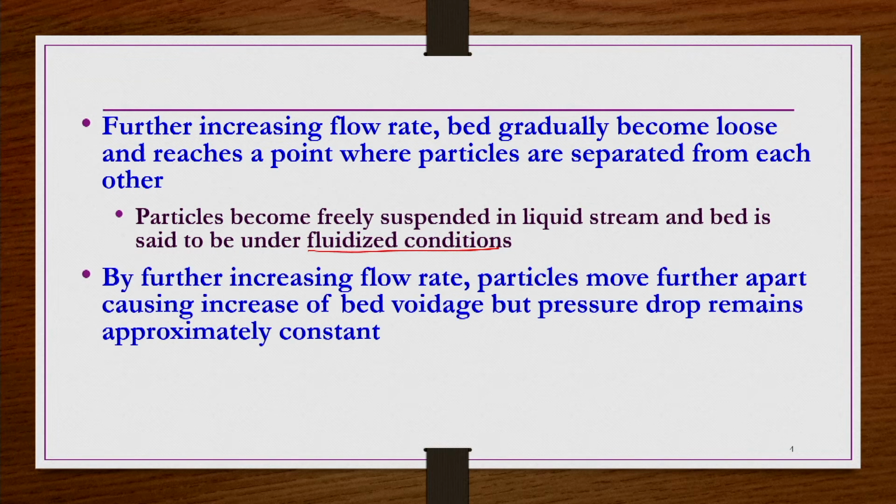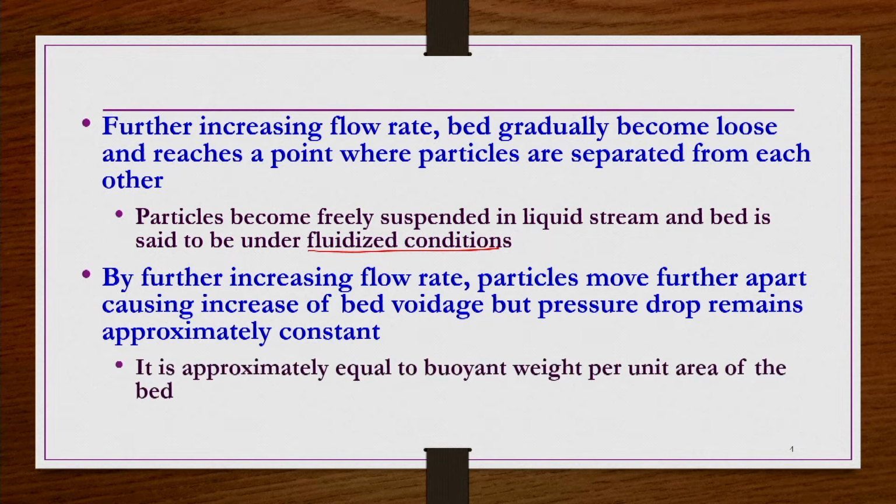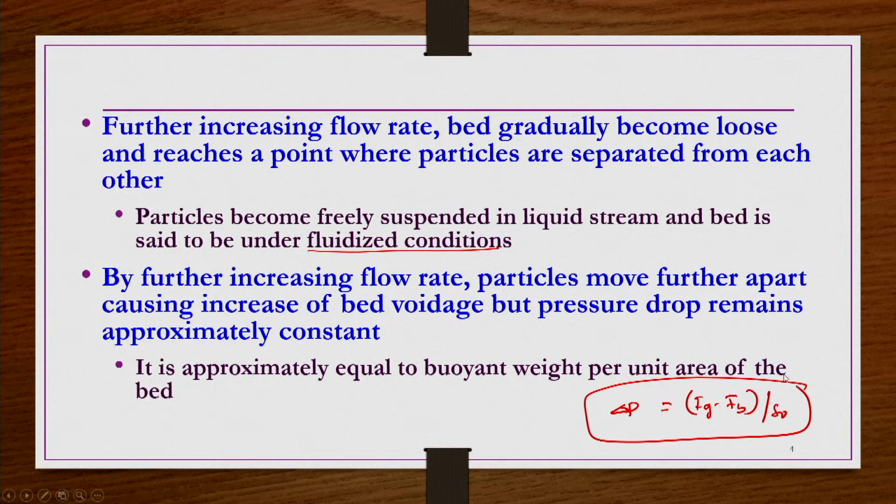By further increasing the flow rate, particles move further apart, causing an increase of bed voidage, but the pressure drop remains approximately constant, approximately equal to the buoyant weight per unit area of the bed, that is Fg minus Fb divided by the cross section area, which equals the pressure drop.